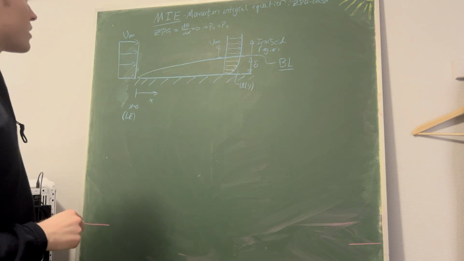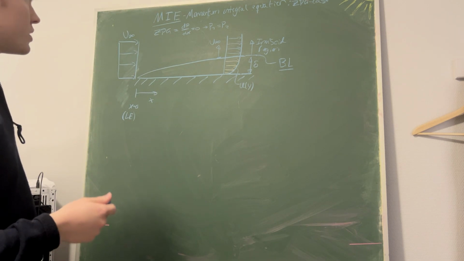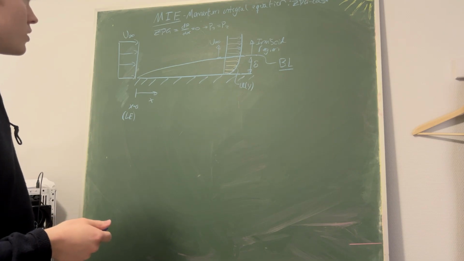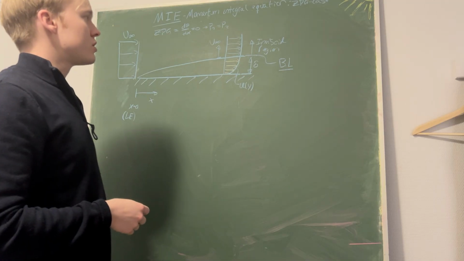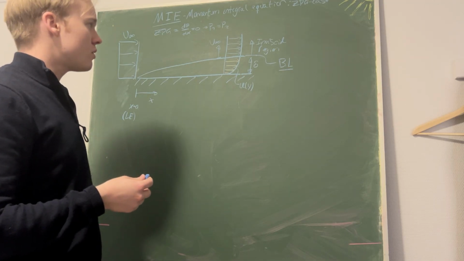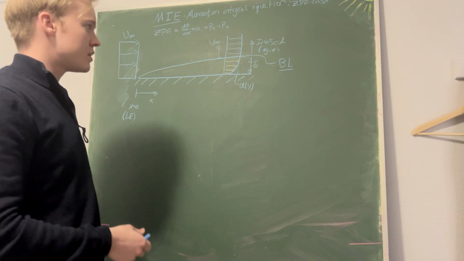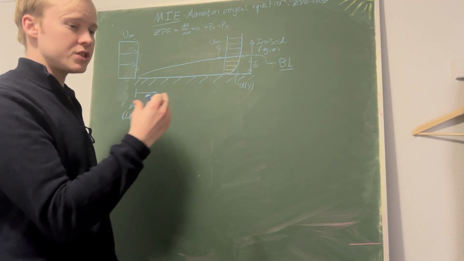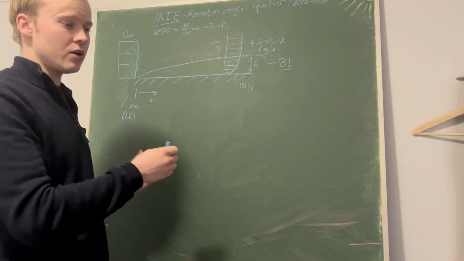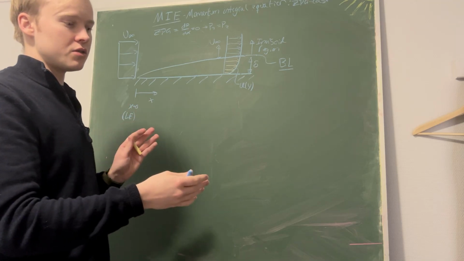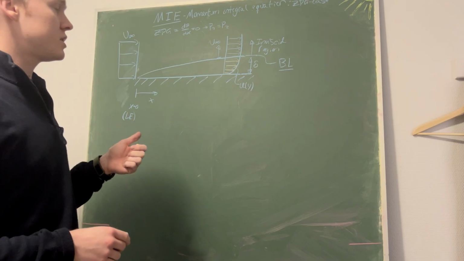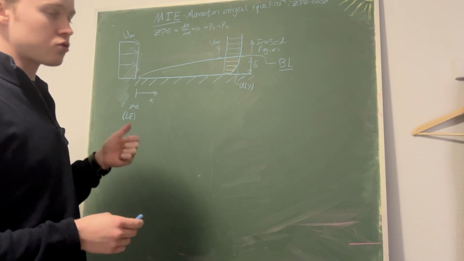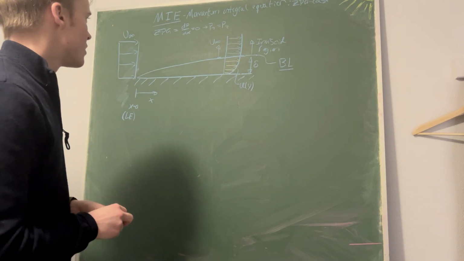Okay, so the thing is that we are going to derive a set of equations which is going to tell how the momentum thickness changes with respect to x, and how that is dependent on the skin friction. So we're going to do this by using a control volume approach.